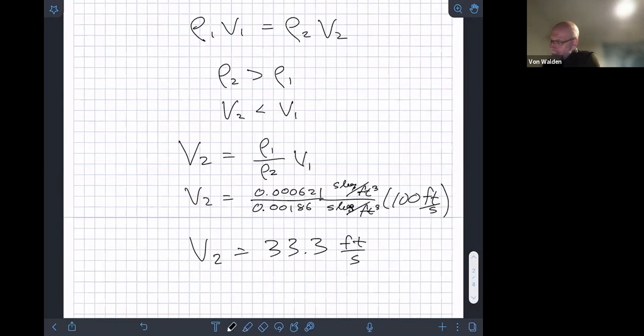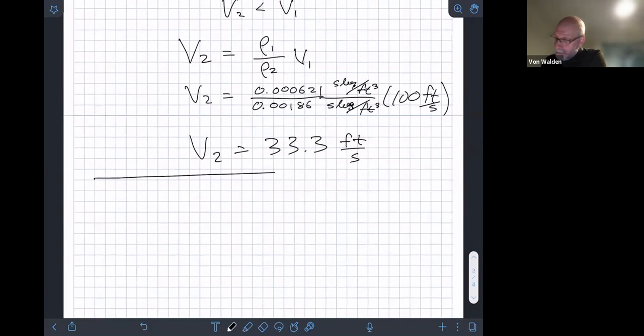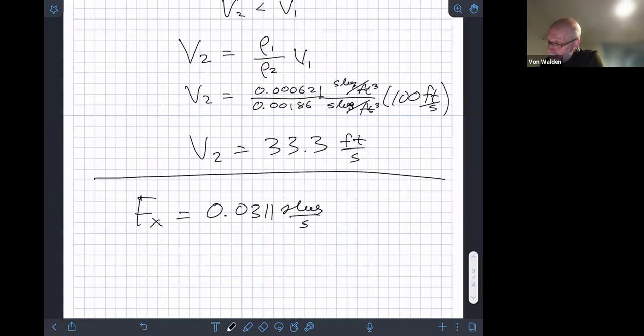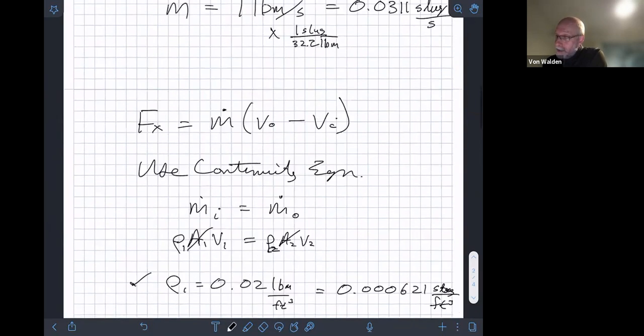So now it's super easy to find the force, because we're just going to take that m dot, which is 0.0311, which is constant through the whole system, and just take the difference of the velocities. But note, in what direction is the velocity?